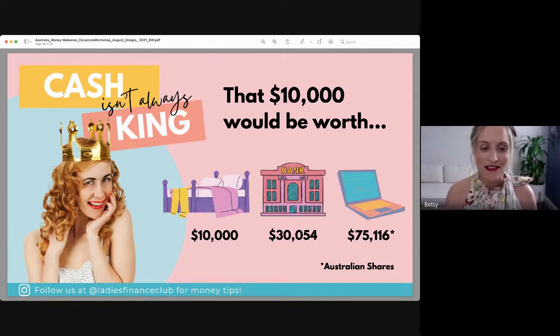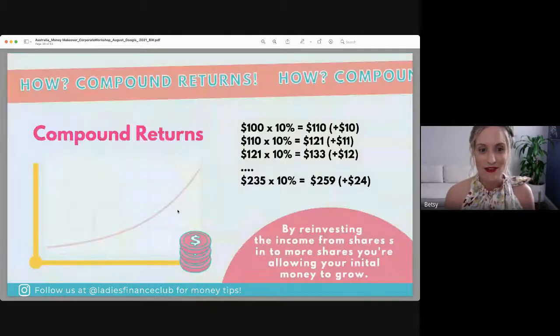If you invested in the bank, you might have as much as $30,000 through compounded interest. But if you invested it in shares, where it was earning a much higher rate of return through dividends and capital growth, that $10,000 would actually be worth close to $75,116 simply through compound return.